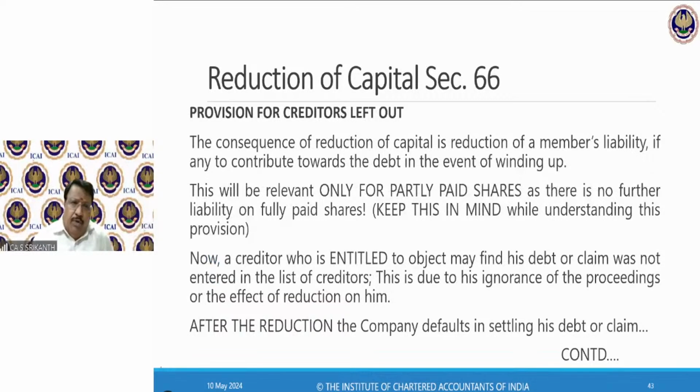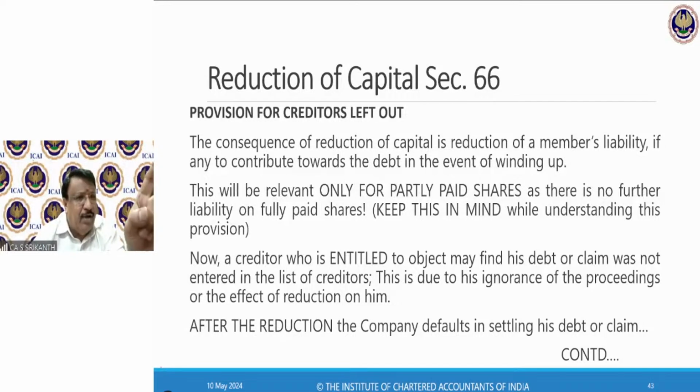Now, in case any creditor, due to some unintentional reason or something, was left out. Please note, this will be relevant only for partly paid shares because there is no further liability on fully paid shares. Keep this in mind while understanding this provision.